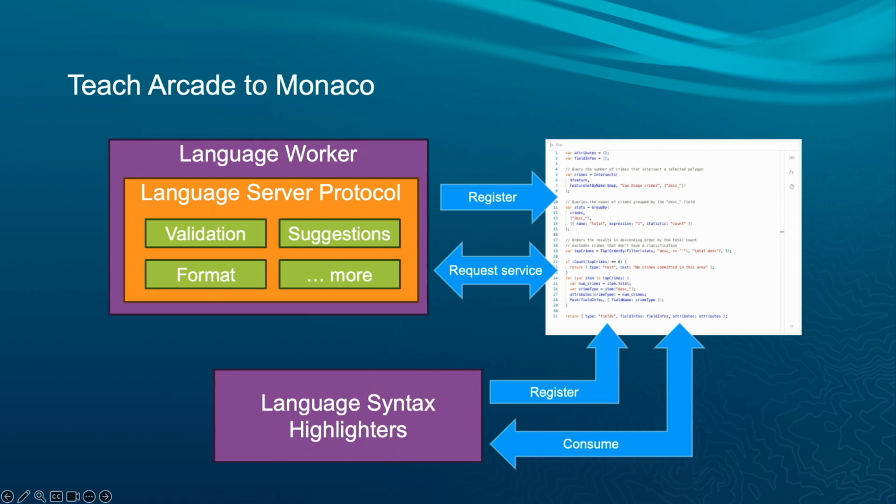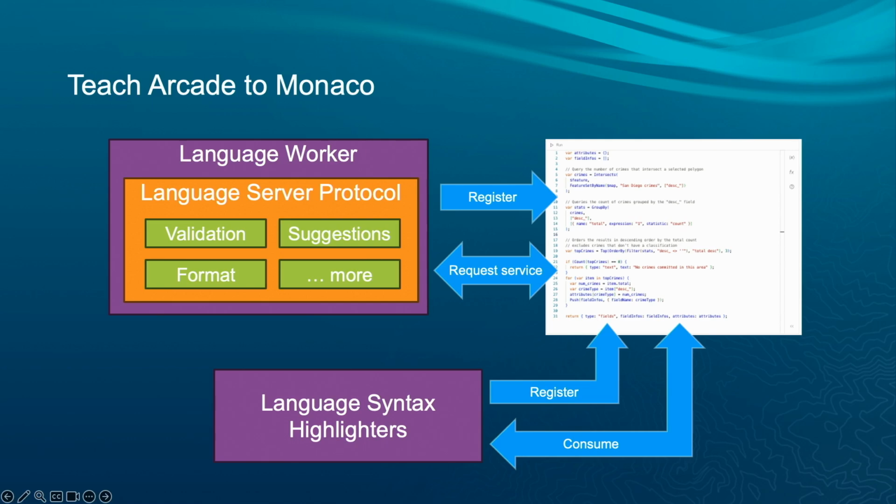We don't want to reinvent a new way to talk to each different editor. So they decided to work together and define this protocol called Language Server Protocol. That means if I write a language server for Monaco, I can also plug it into Atom or Vim or another IDE.